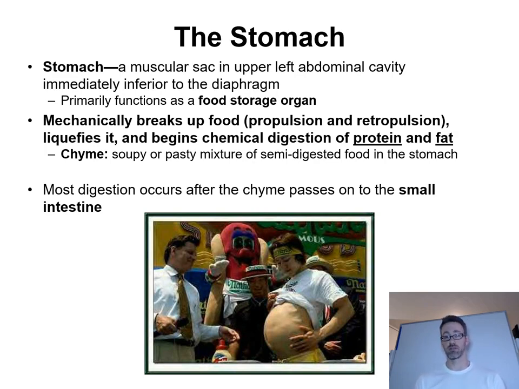So it's secreting fluids, adding hydrochloric acid and some enzymes. And so it begins the chemical digestion portion of this, where proteins are going to get broken down here, as well as fats. And then it's turning it into what we call chyme. And chyme is a soupy, pasty mixture, which is semi-digested food in the stomach.